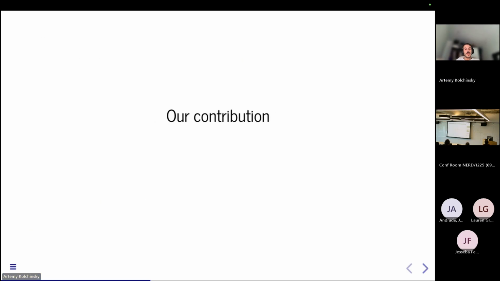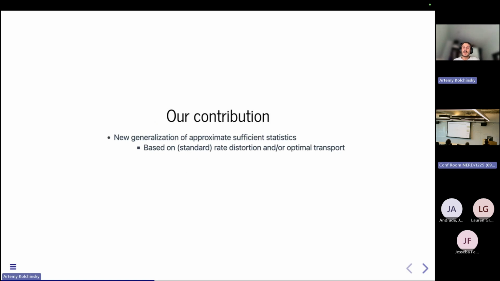Great. So what I'm going to propose is a different way to think about sufficient statistics and approximate minimal sufficient statistics. And this different way of thinking is going to suggest a different generalization that's based on standard rate distortion.